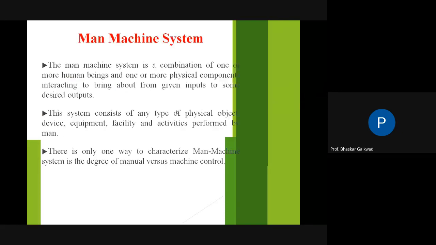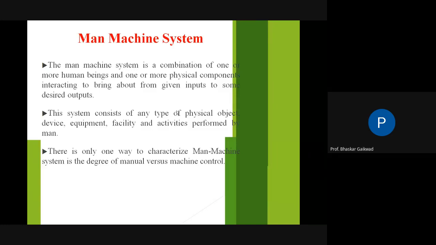Next, we have seen the man-machine system last time. The man-machine system is the combination of one or more human beings and one or more physical components interacting. So this is a very simple thing. In the last lecture, I explained there is an interaction between man and machine.